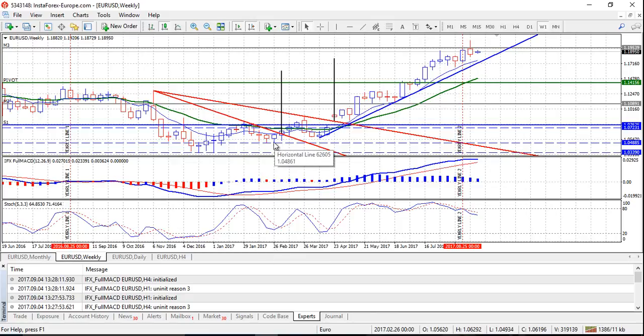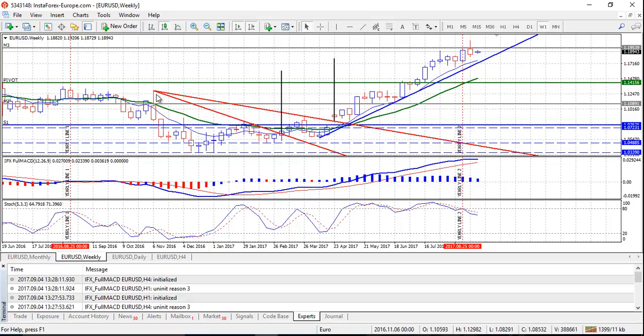You trace this. This is a down trend line, or you can call it a support trend line.